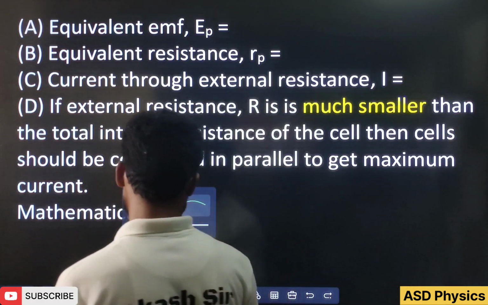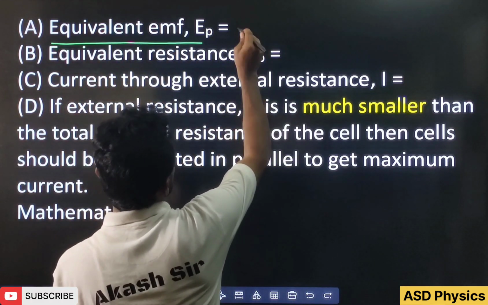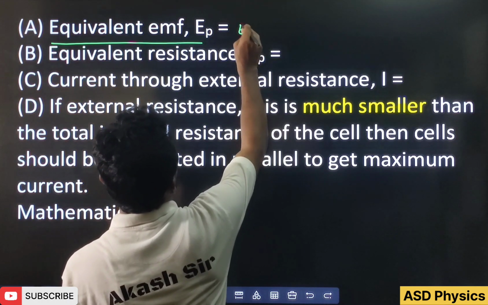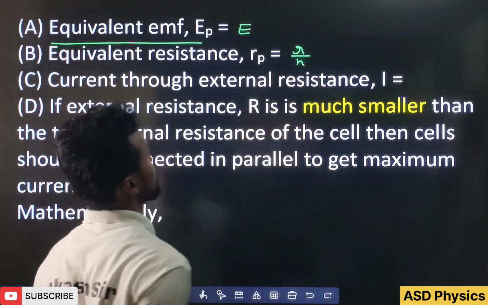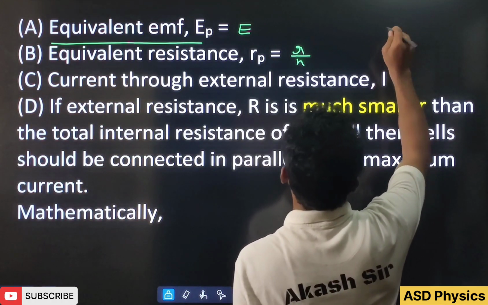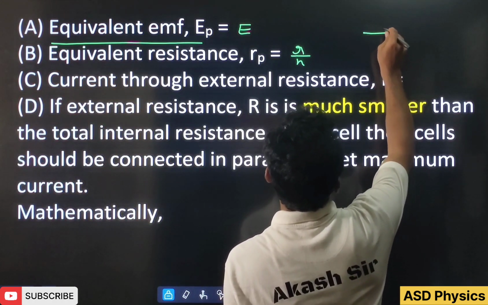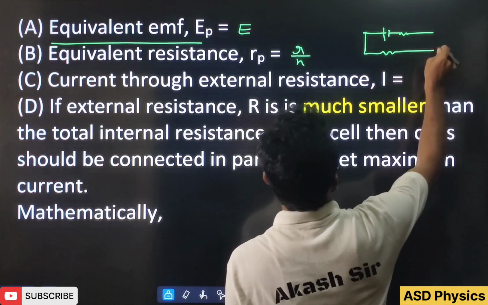Now students, see, the equivalent EMF Ep for n cells is E, and the equivalent resistance, as I told you, Rp equals R by n. Now the current through the resistance. If I draw the diagram, this is the situation, and here this is the load.